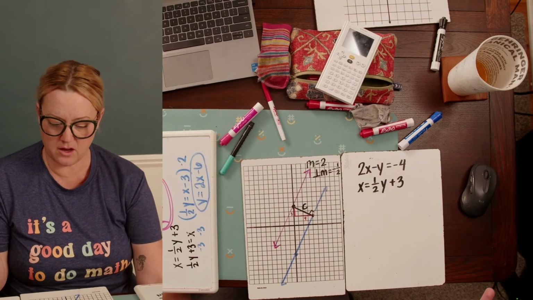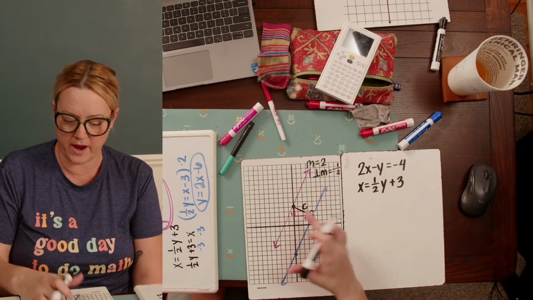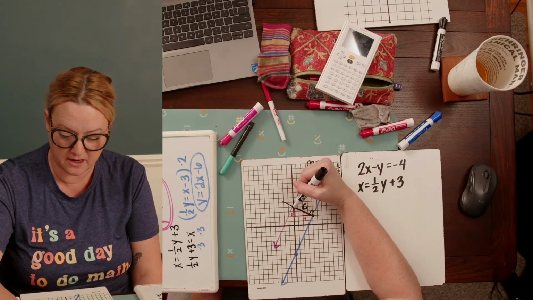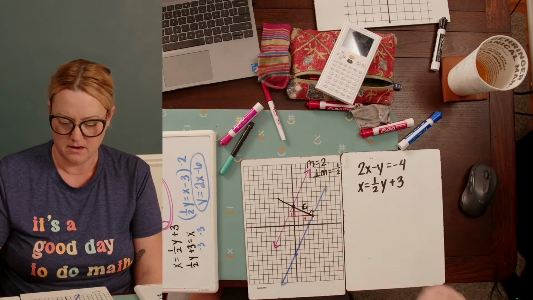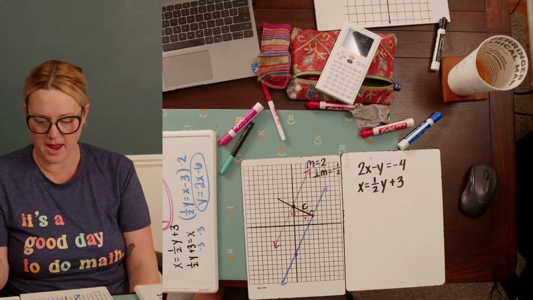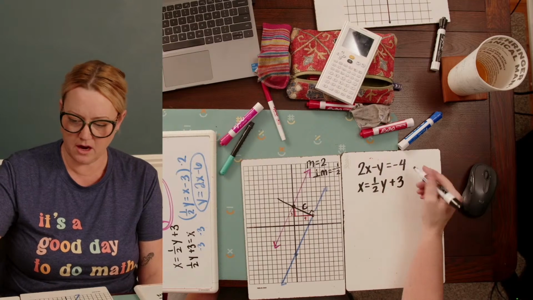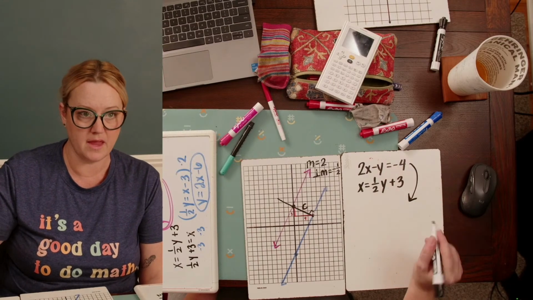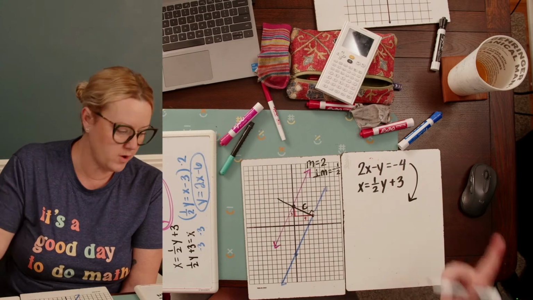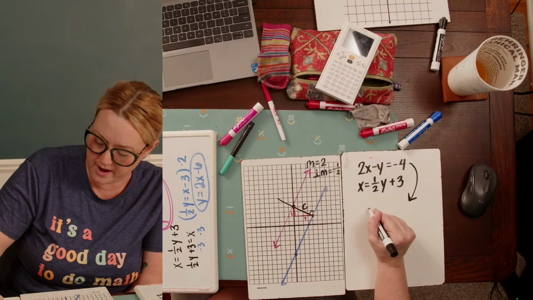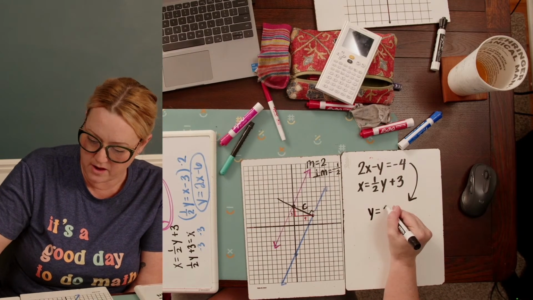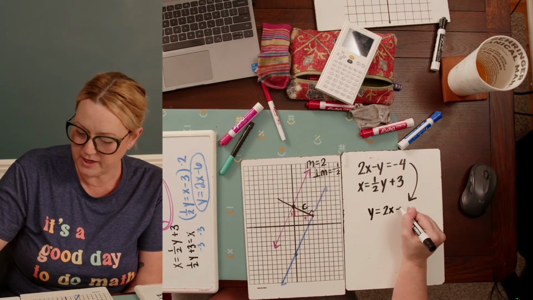So then you could find the equation of this perpendicular line that goes through the y-intercept. So here, if we take this equation, remember we rewrote it into slope-intercept form. So we get y equals 2x plus 4.